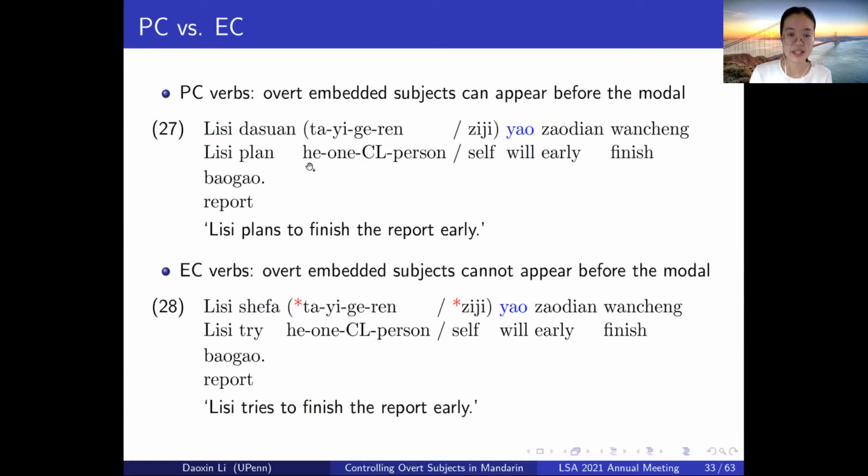So Lisa plan, he, one person, or self will, early finished report is grammatical, suggesting those elements are DPs here. But for exhaustive verbs, those elements cannot appear before the modal. So Lisa try, he, one person, or self will, early finished report is bad, again suggesting those elements are adverbs here.